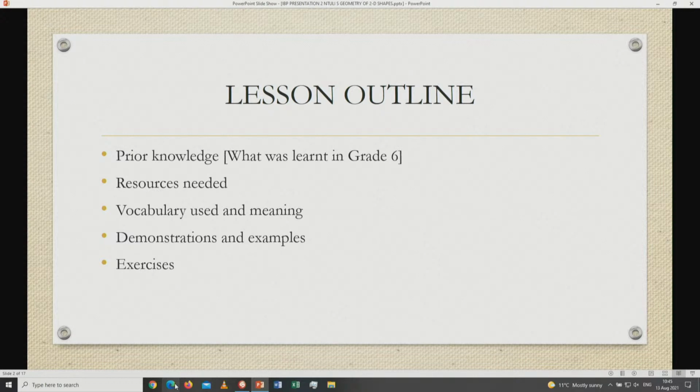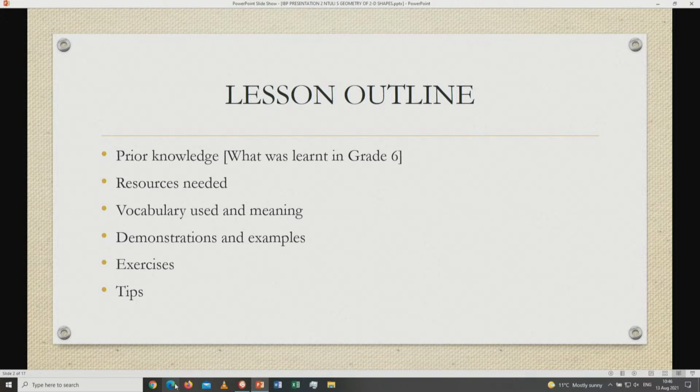Doing exercises is a fun thing to do, but the most important part is that when you make mistakes, you learn from those mistakes. All right, then I'm going to provide you with tips so that we may understand what could help us to successfully understand the geometry of 2D shapes, focusing on quadrilaterals.